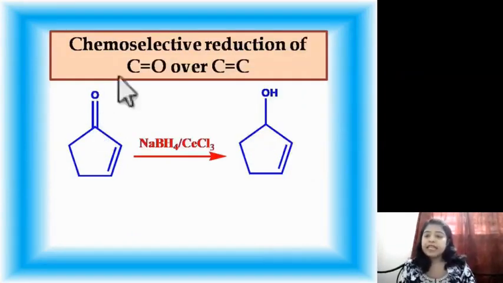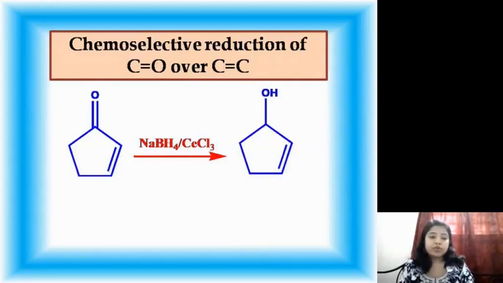In this case, in the chemoselective reduction of C=O over C=C, the carbonyl group is getting reduced, giving rise to the OH, and the double bond remains intact. So this is another example of chemoselective reduction of C=O over C=C.